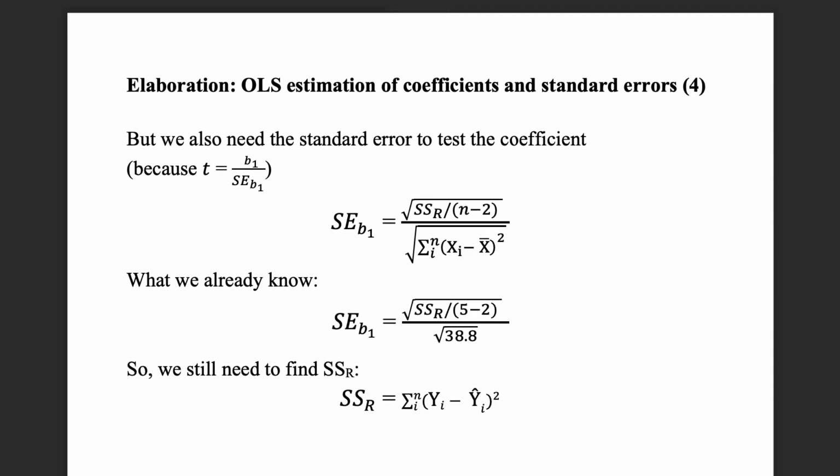So how do we do that? Well, we already saw what the formula is for calculating the residual sum of squares. It's basically looking at, for each case, the difference between what you observe on the dependent variable, in this case grade, and what we would predict based on the model for that specific case. Again, these are probabilistic models, so we allow there to be a difference between what we predict on the dependent variable and what we actually observe.